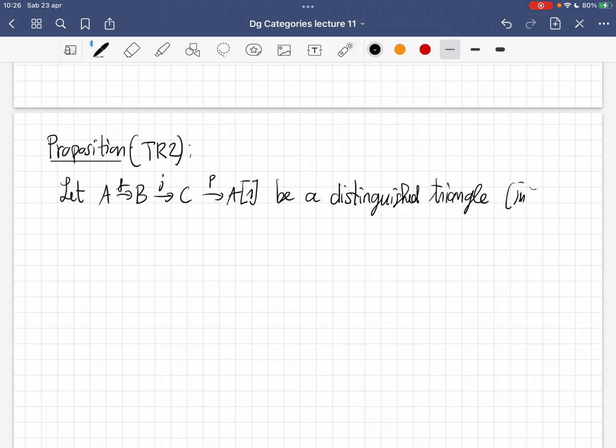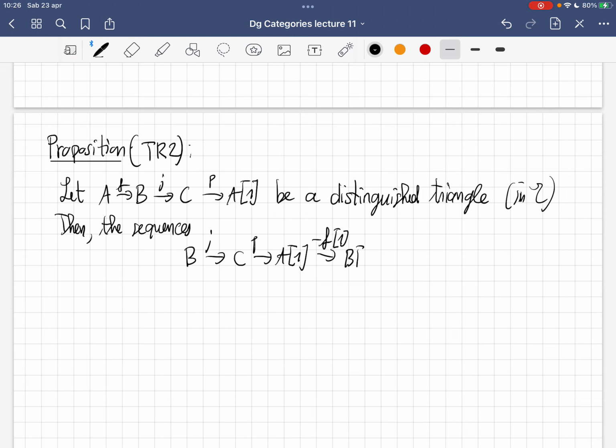In T, of course, everything is in T. It is fixed from the beginning, together with the pretriangulated DG category A. Then the sequence is: B, C, take J, A of 1, P, and here you put minus f of 1.